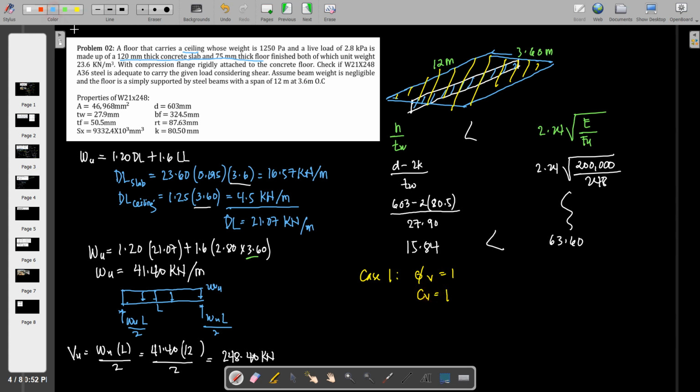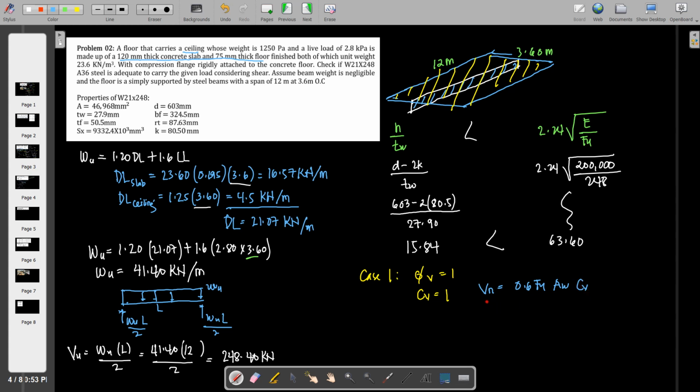So therefore, the nominal shear is equal to 0.6 of Fy times AW times CV.